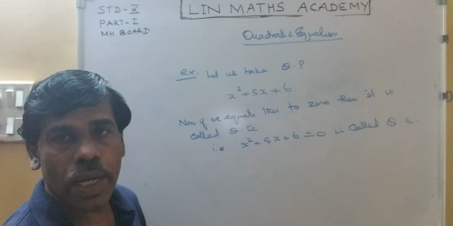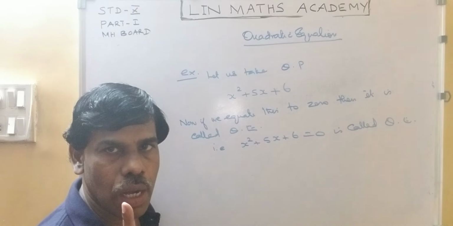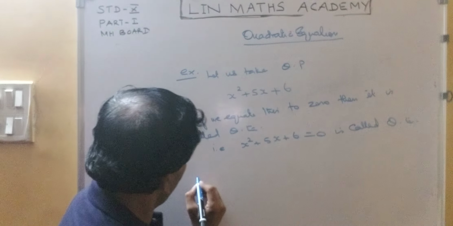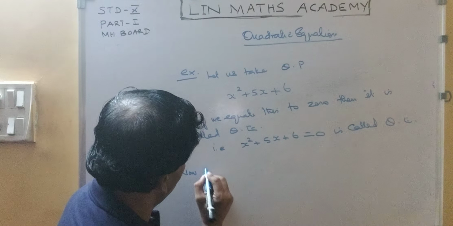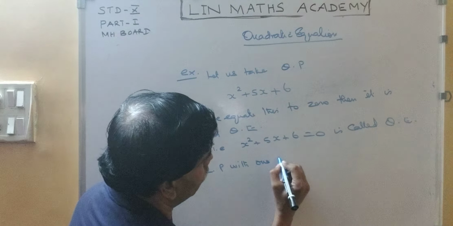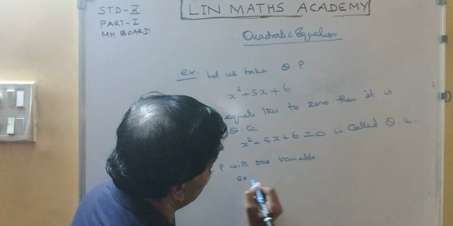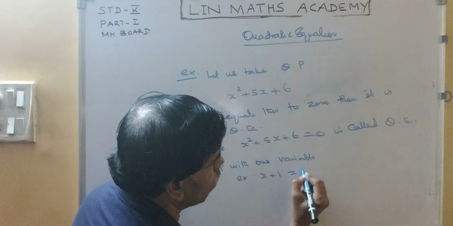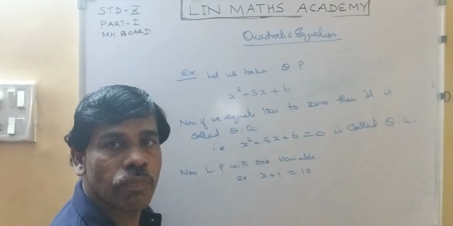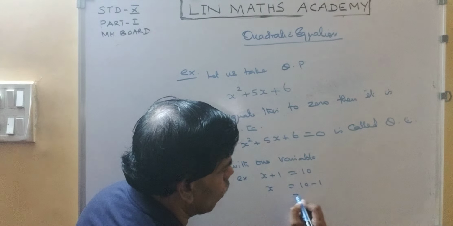Now, look at this. Take a linear polynomial with one variable. Example, x plus 1 equal to 10. So what is the value of x? 10 minus 1 equal to 9.